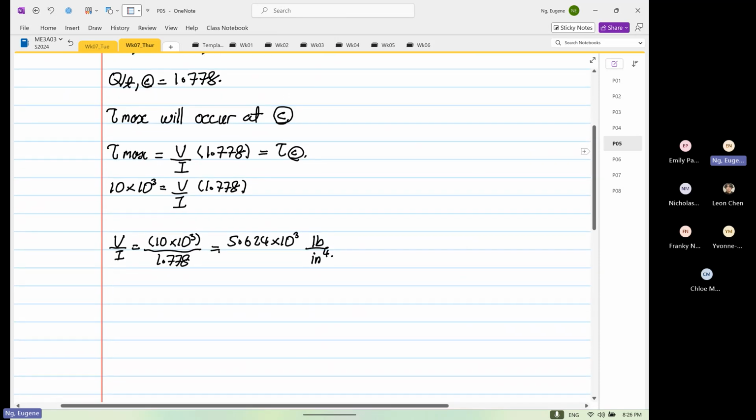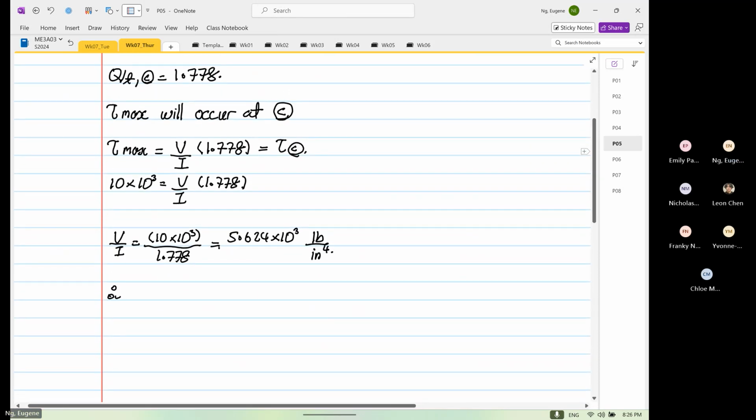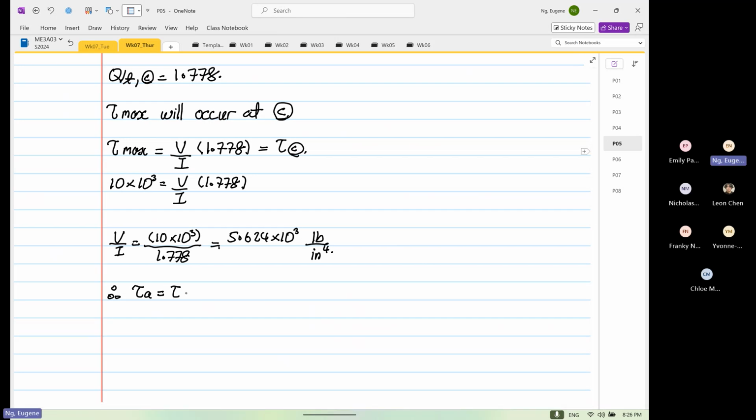So therefore, shear stress at point A is equal to shear stress at point B, which is equal to V over I times Q over T, because they share the same Q/T ratio. So what we need to do now, we know V over I, which is 5.624 times 10 to the power 3.